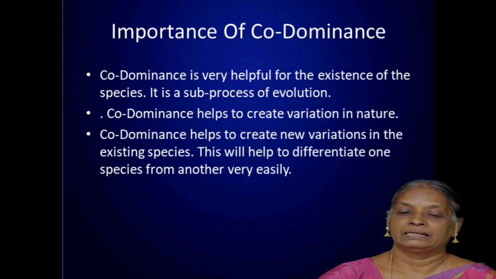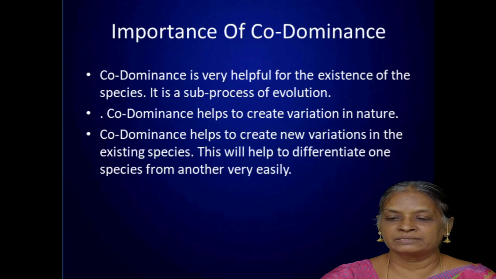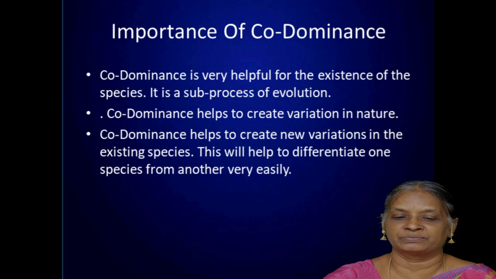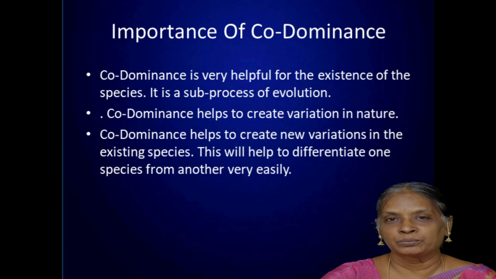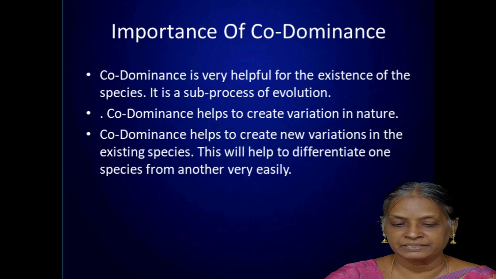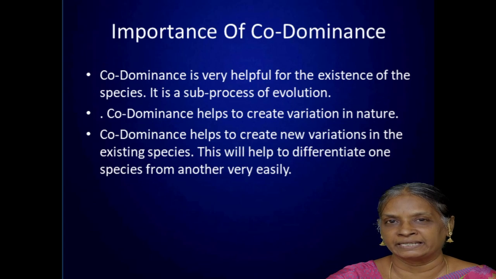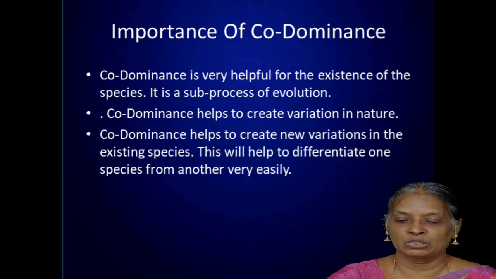And now let us see the importance of codominance. Codominance is very helpful for the existence of the species, since it helps in the protection of individuals in the natural environment, and it is a sub-process of evolution, since codominance helps to create variations or differences in species. Also, codominance creates new variations in the existing species.